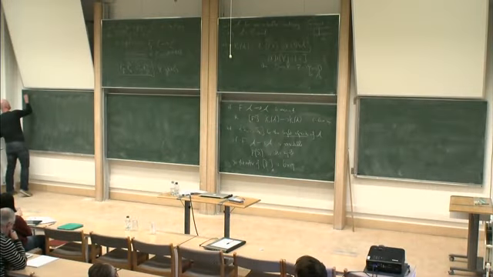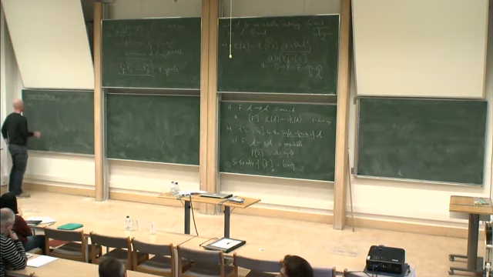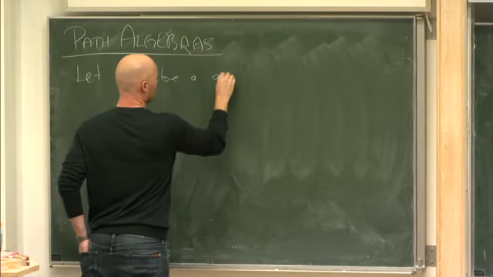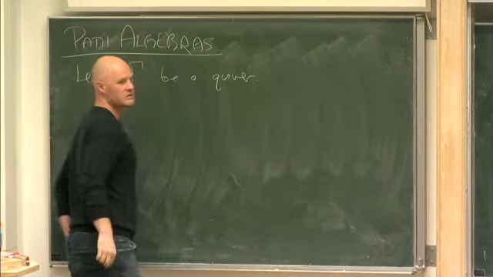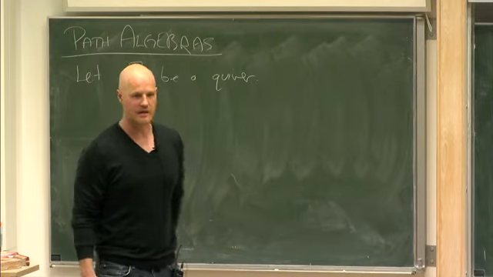Okay, so let's talk about path algebras for a moment. Let gamma be a quiver. So quiver means an oriented finite graph, vertices and oriented edges.